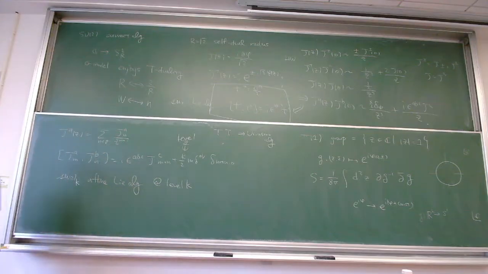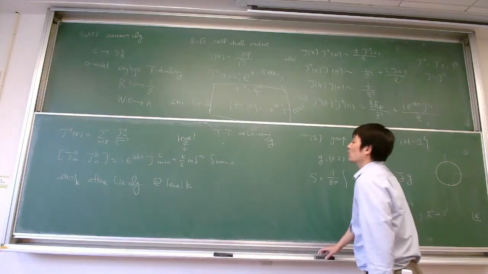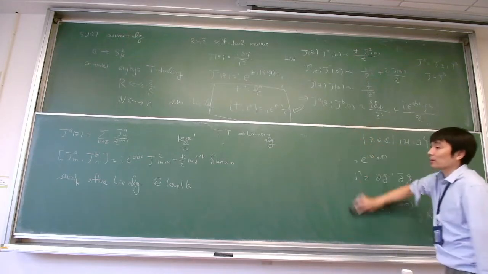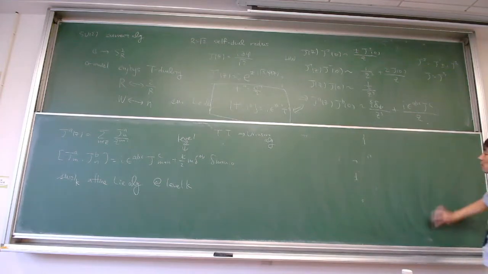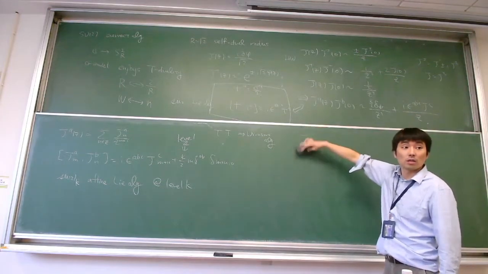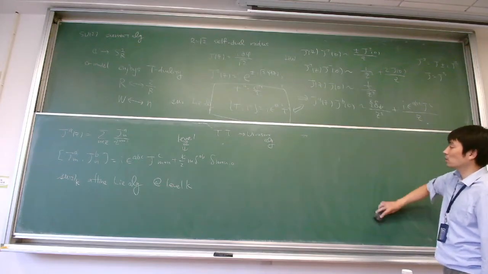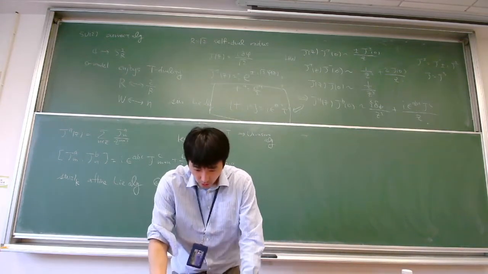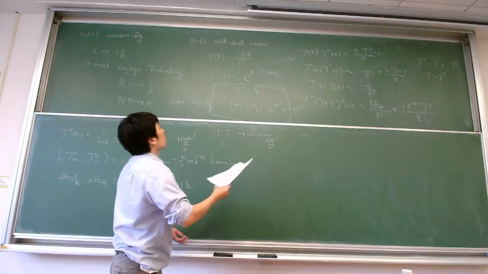Let's study the highest weight representation of the SU2. This OPE is called the SU2 current algebra. This particular square root 2 for the self-dual radius is very important.